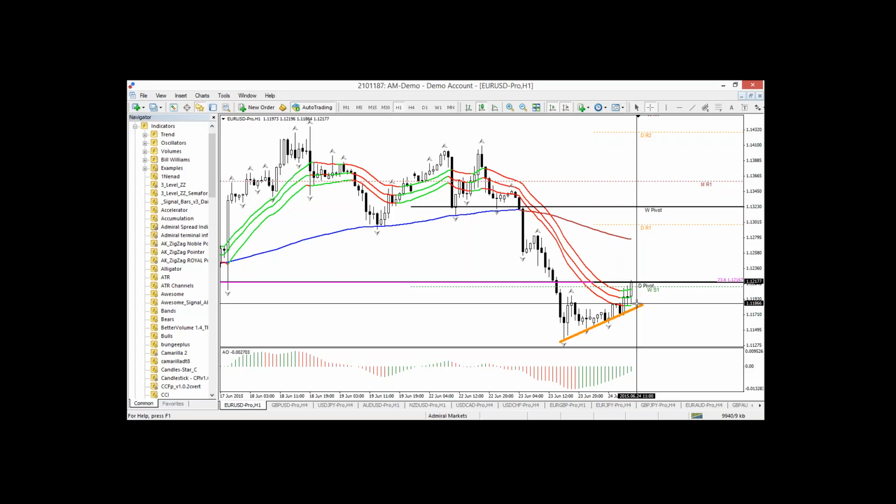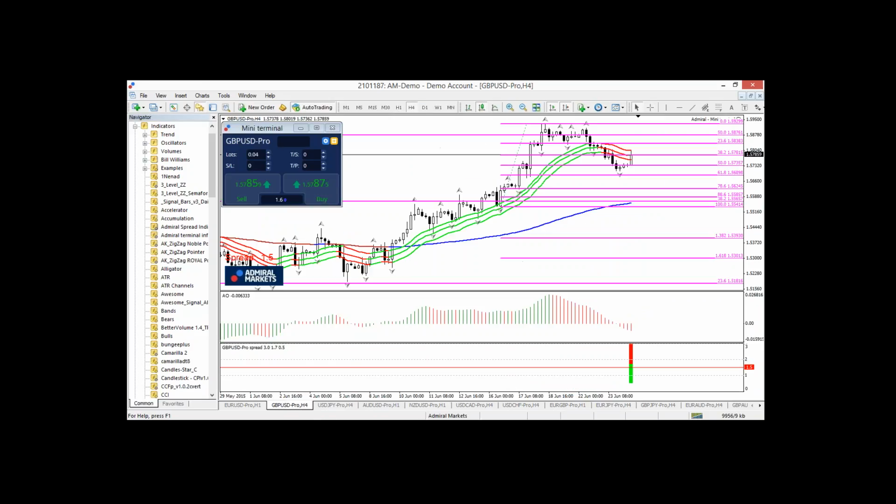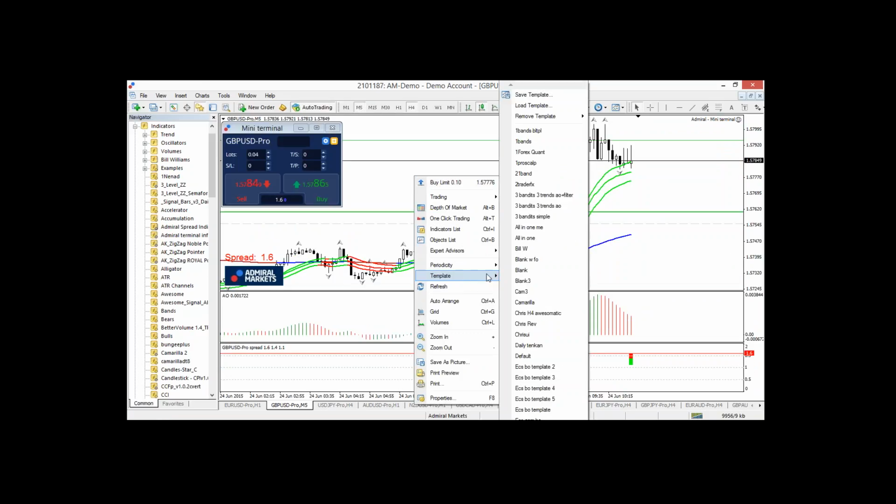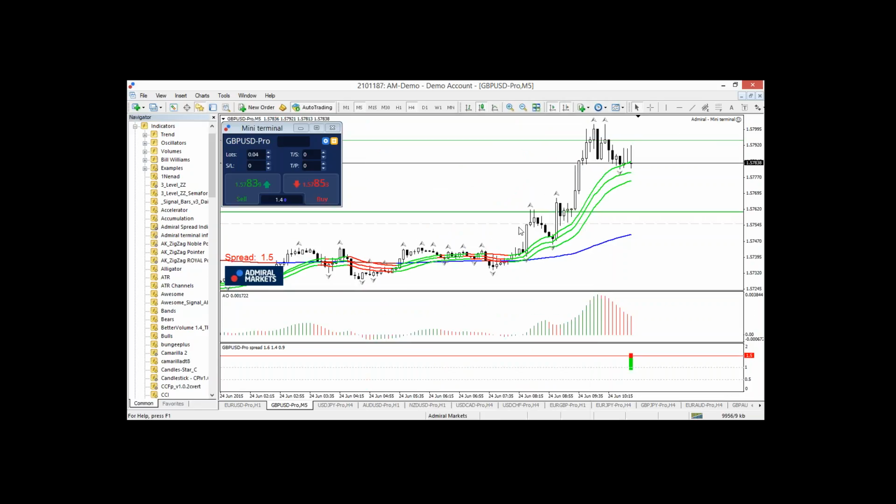Let's see. For cable, you mentioned awesome 5 minute to zero. Yes, indeed, exactly. A 5 minute retrace. Let's take a look. A 5 minute retrace. Let's see. Still needs a bit more.